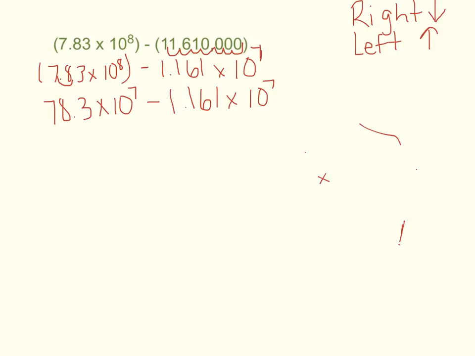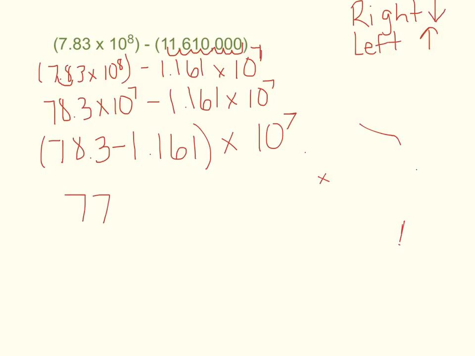Now that I have the same exponent, I can just subtract my decimals. 78.3 minus 1.161. And my 10 to the 7th stays the exact same. When I subtract, I get 77.139 times 10 to the 7th. But again, I can't leave my answer like that because I have a number in the tens place.